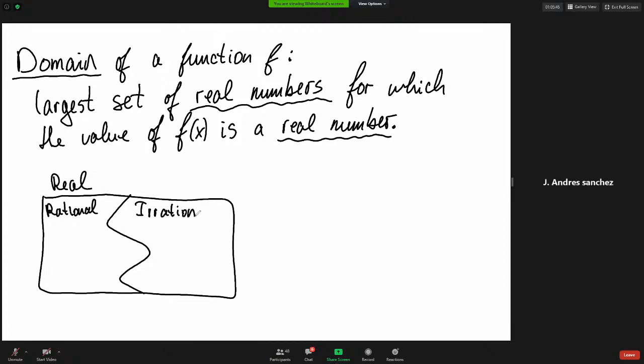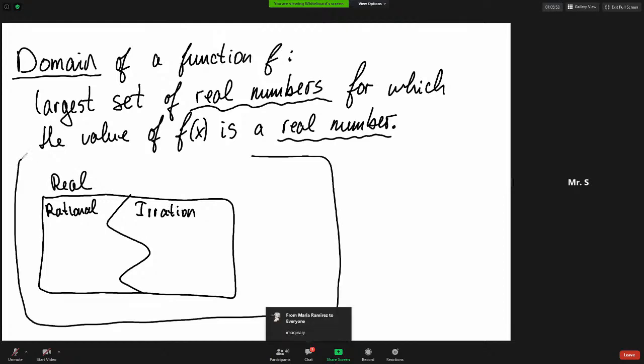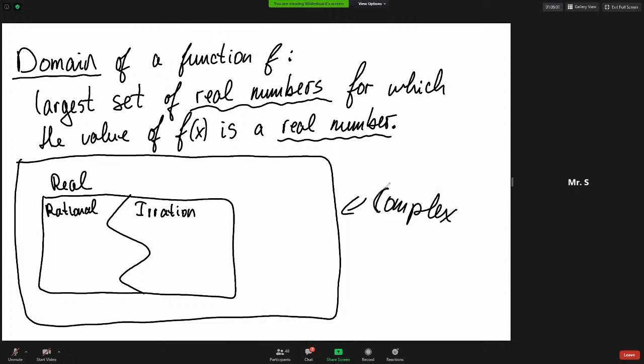Imaginary numbers are unreal. That's the bigger part of this. There's a bigger part here, which is called complex. We define complex numbers through the imaginary unit, right? So when we say imaginary, that's part of the complex numbers.